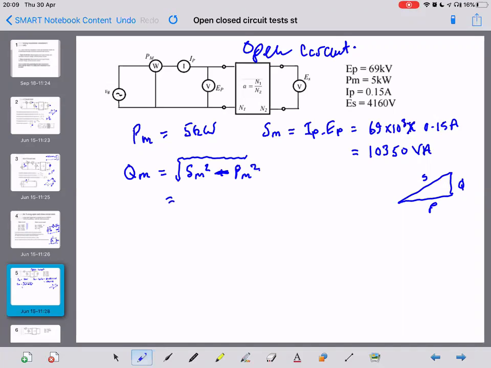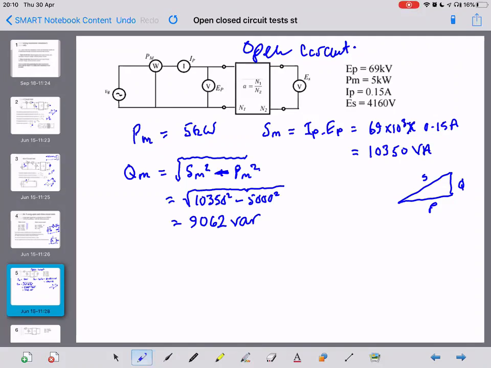So that's the square root of 10,350 squared minus 5,000 squared, and I've got 9,062 var. Yep, just checking it.